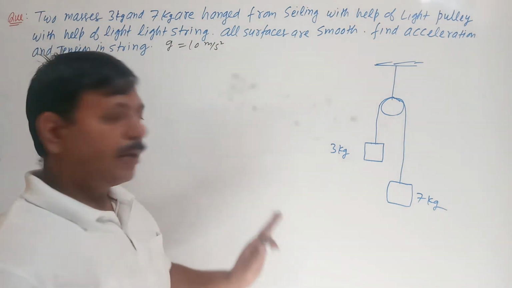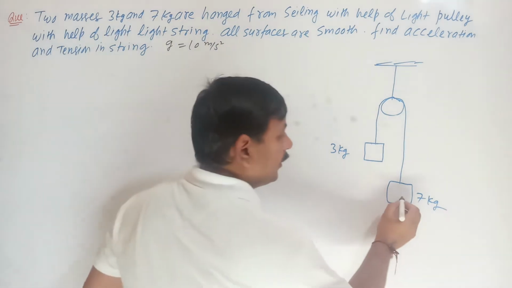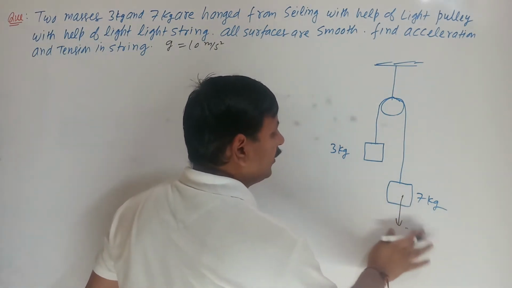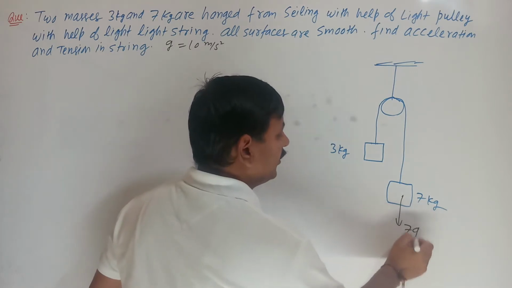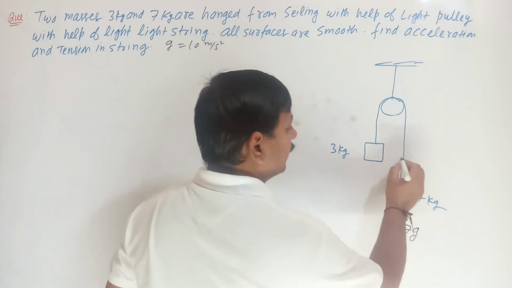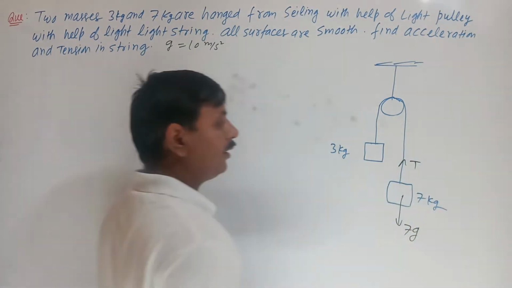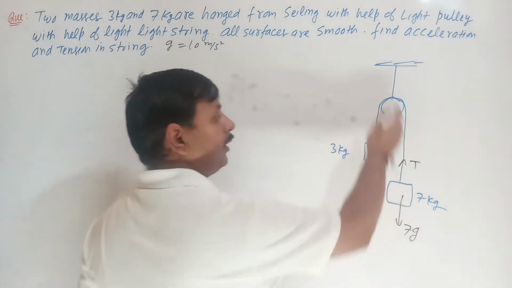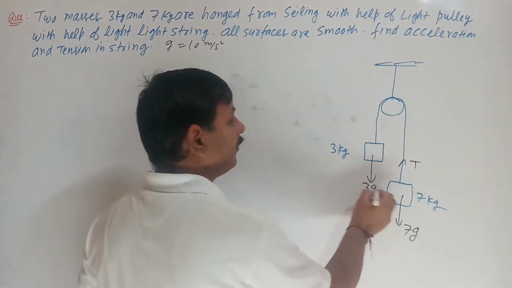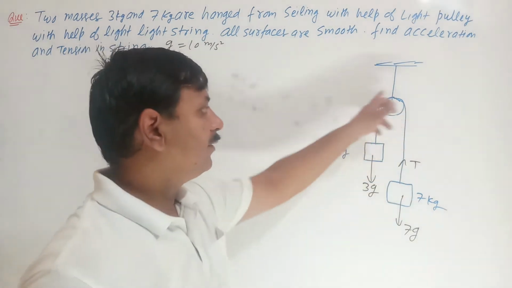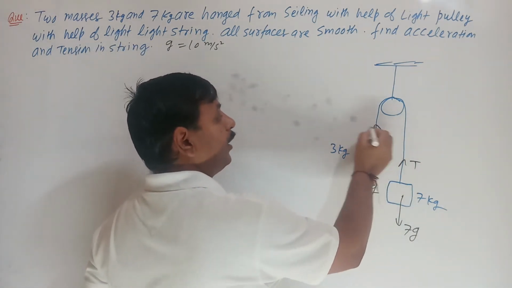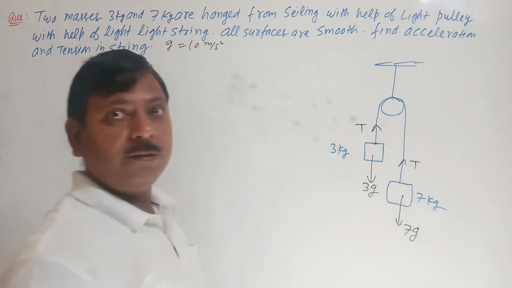See, I have told earlier, the weight of mass 7, that is 7g, will act downward. Tension T acts upward along the string, and here is the 3g weight. The same tension will be produced on this end point, and this tension is also upward.